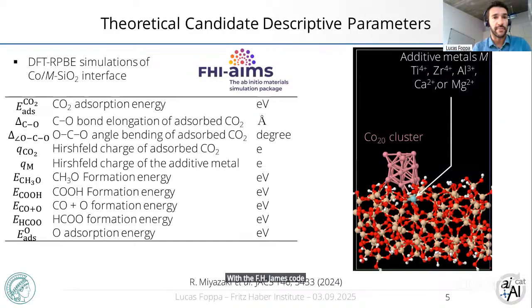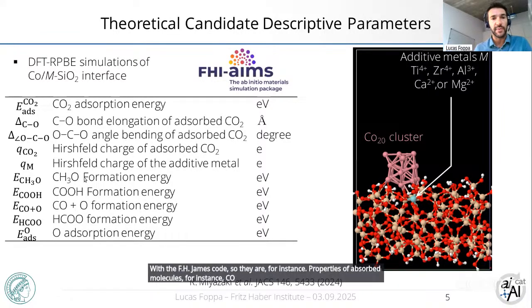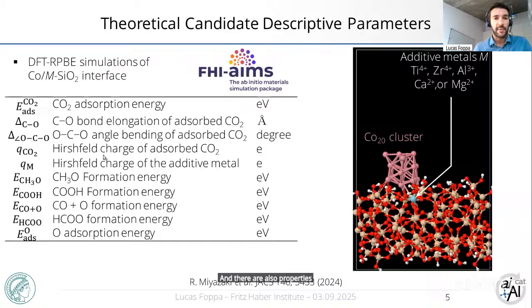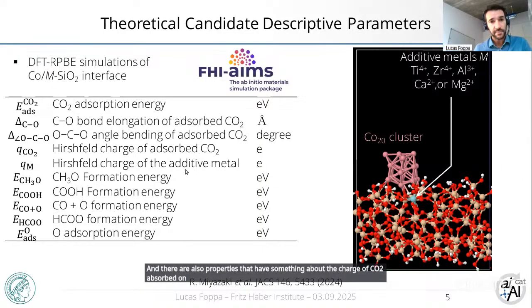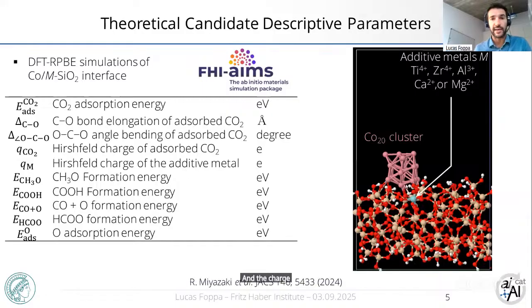They are, for instance, properties of adsorbed molecules, such as CO2 or different intermediates that can be formed during this reaction, for instance methoxy, COOH or carbon monoxide and so on. And there are also properties that tell something about the charge of CO2 adsorbed on these interfaces and the charge on this additive metal that is in the support.